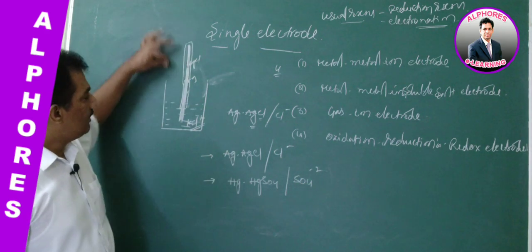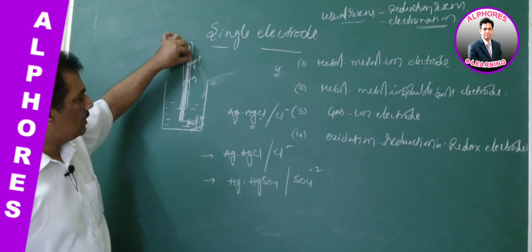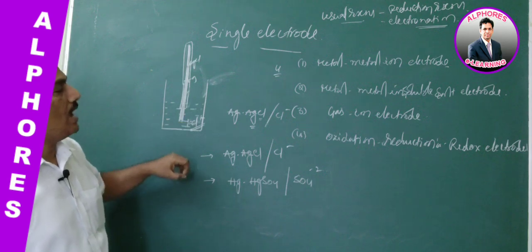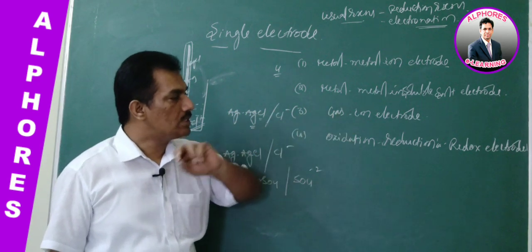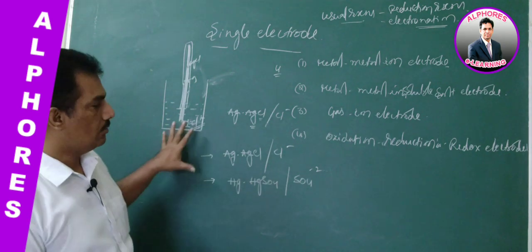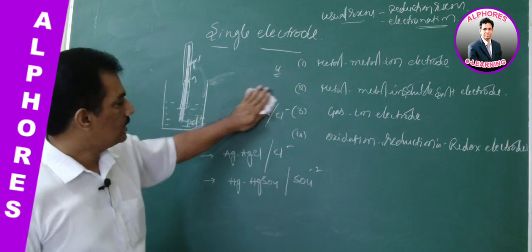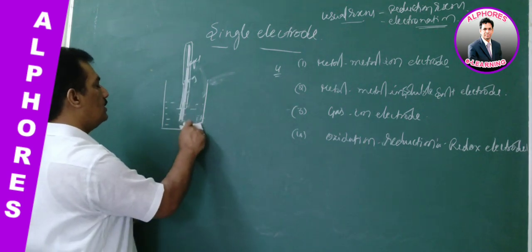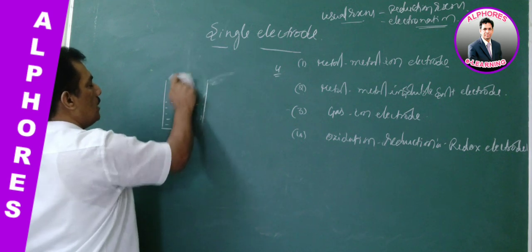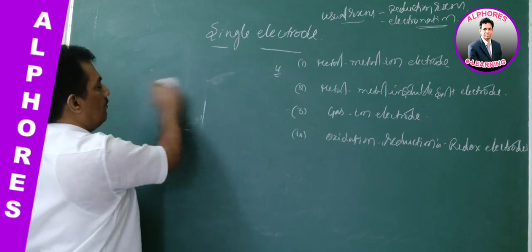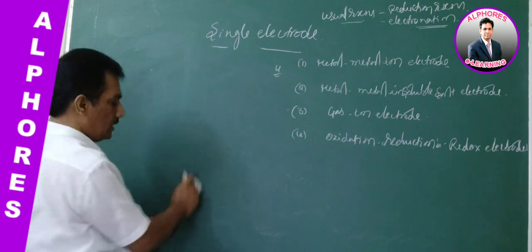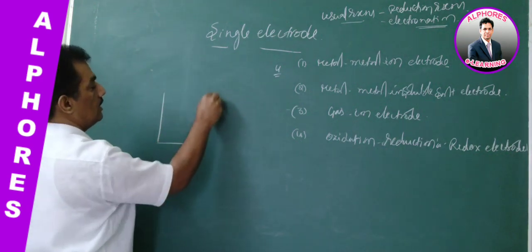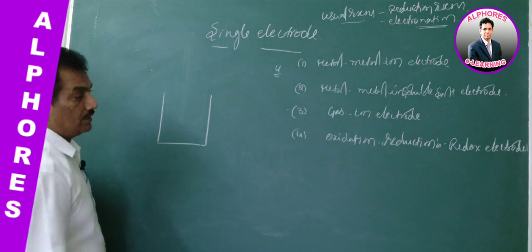A metal rod covered with a sparingly soluble salt of the metal, in contact with a common ion electrolyte, behaves as a metal insoluble salt electrode. Clear? And now coming to the gas ion electrode, it is a different one, because in the previous two cases the metal is present, and when metal is present, automatically that metal can be used to prepare the rod, because metals have ductility, but gases do not have such ductility.